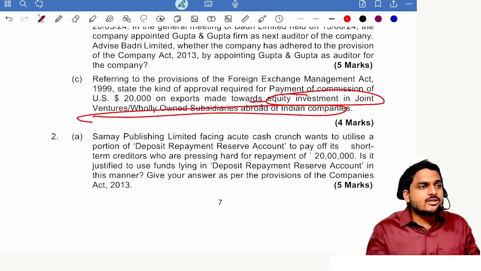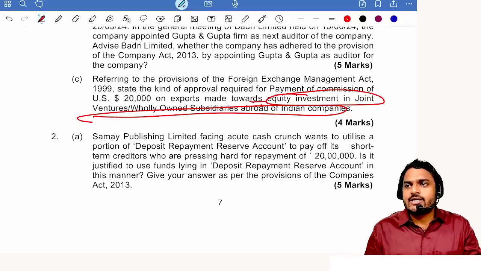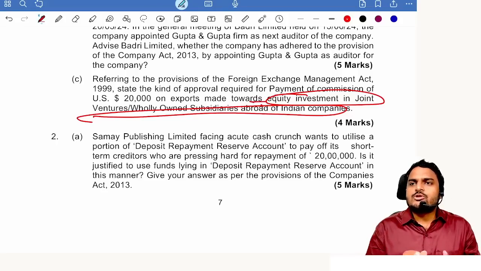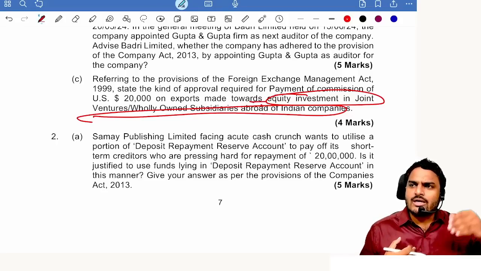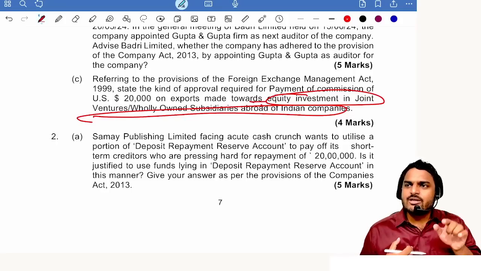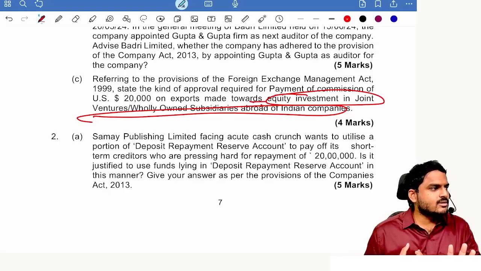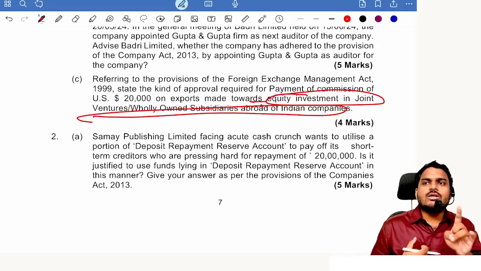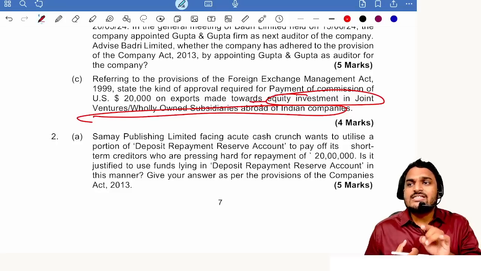But if it is connected to tea and tobacco under the rupee state credit route, up to 10% of invoice value is allowed. Suppose I'm exporting tea and tobacco to other countries, not under the rupee state credit route. Does the 10% limit apply to me? No. Getting my point, everyone? Only for tea and tobacco is 10% permitted, only under which route? Rupee state credit route.